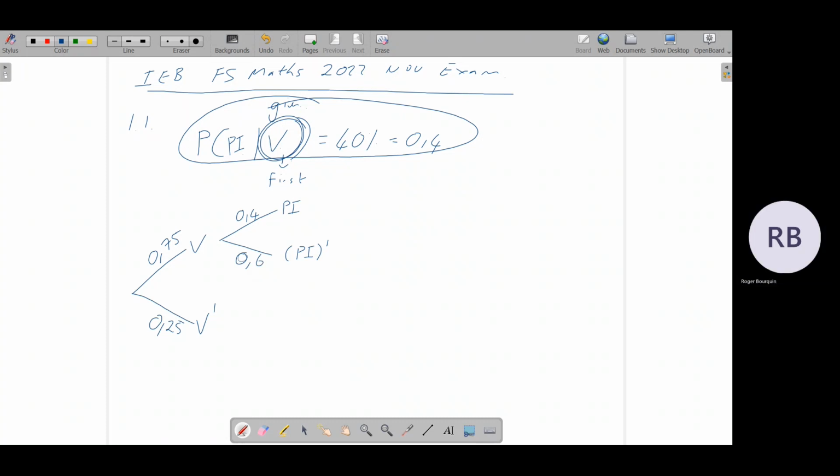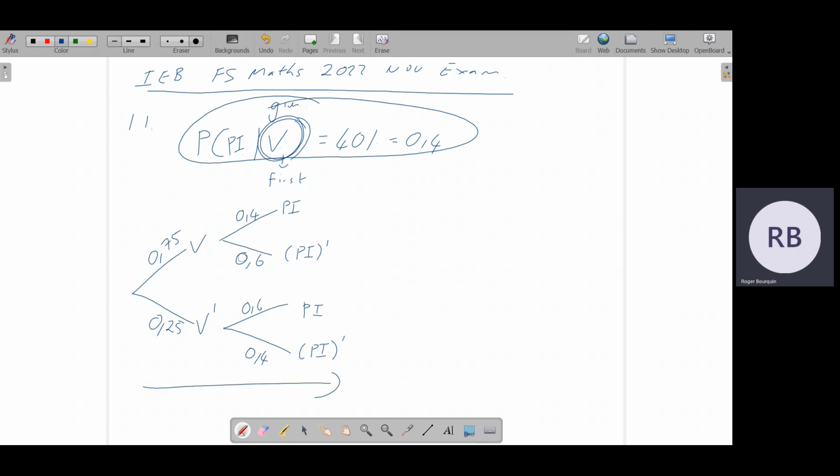It's further known that 40% of the vaccinated had a previous infection, and 60% of the unvaccinated had a previous infection. So previous infection was 60%, and not having a previous infection would have been 40%. So that's your tree diagram, but it flows in this direction, from vaccinated to previous infection.